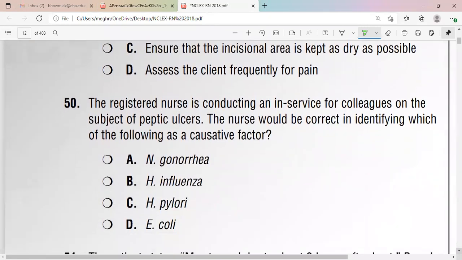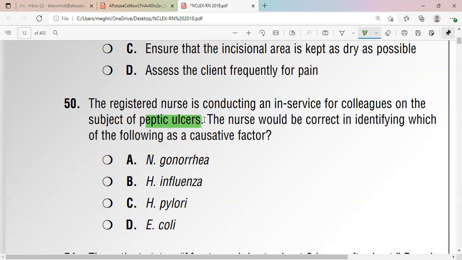Next question. The registered nurse is conducting an in-service for colleagues on the subject of peptic ulcer. So peptic ulcer is the key point here.